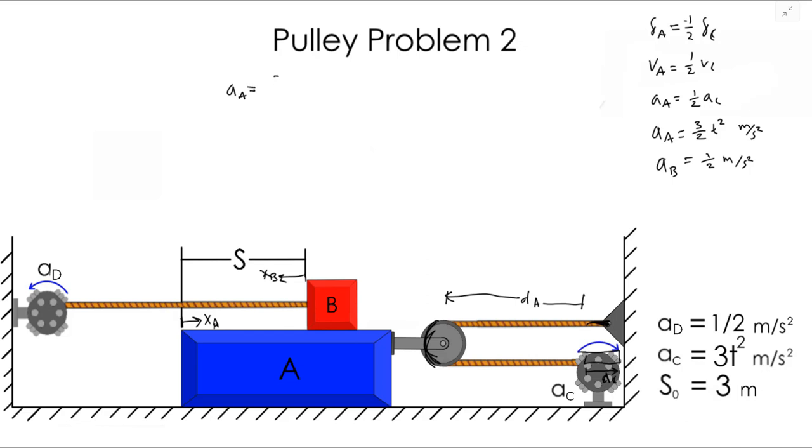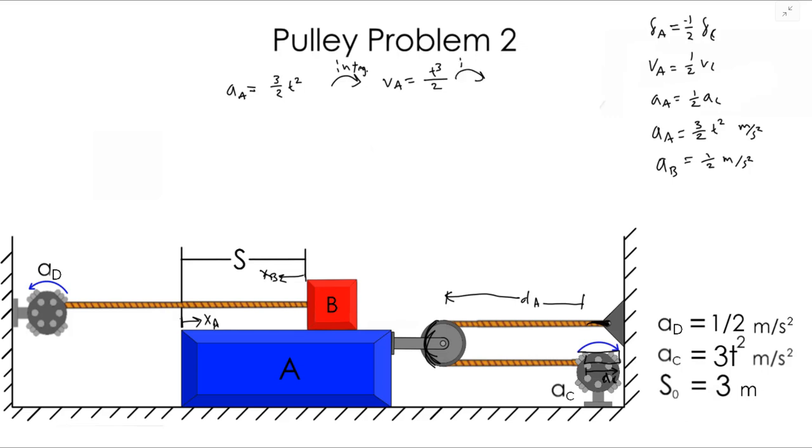AA is 3 halves t squared, so we integrate, and VA equals t cubed over 2. We change this to a 3 and then divide by 3, so that cancels out with the 3 in the front.